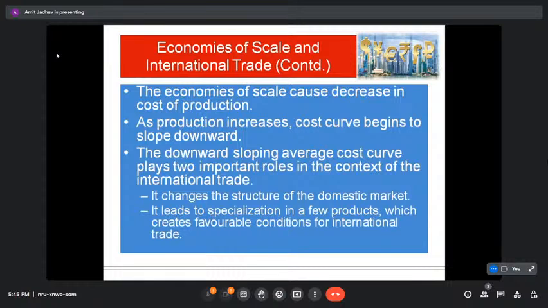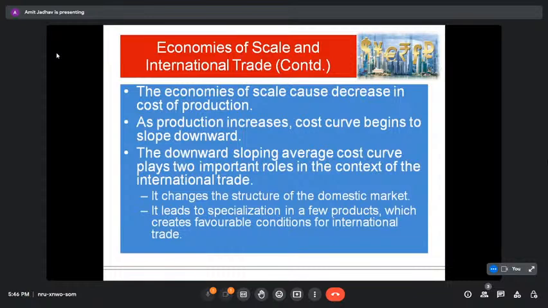Basically, it changes the structure of the domestic market, and it leads to specialization in a few products which creates favorable conditions for international trade.